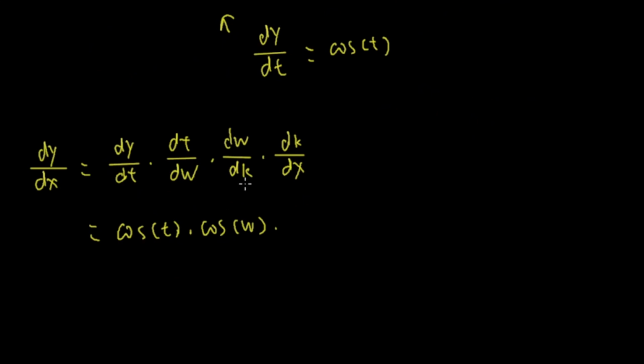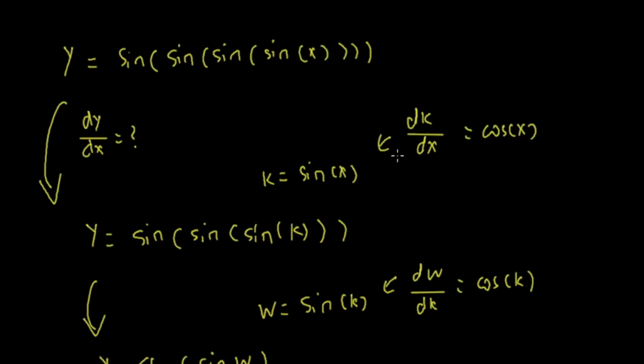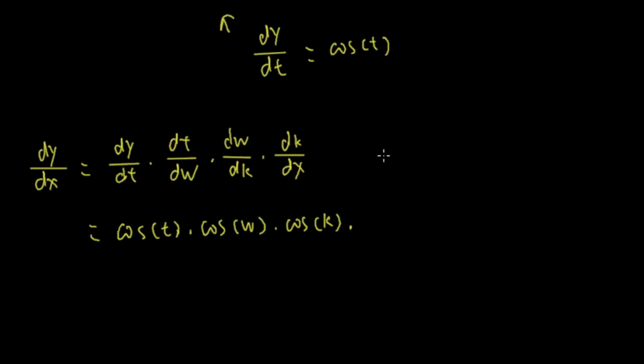Times dw over dk is cosine k. Times dk over dx is cosine x. And of course, everything has to be in terms of x, not t, w, or k, right? So let's rewrite this.